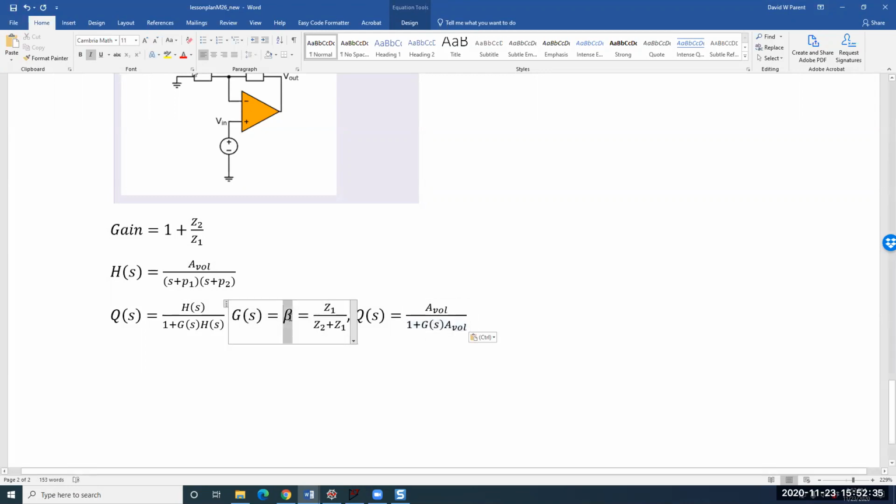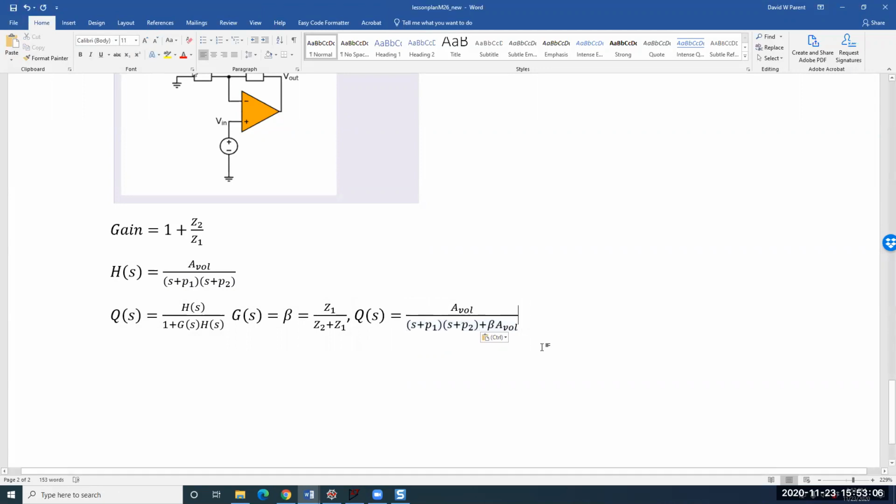Right? G of S is beta, which will appear here, because when I multiply this denominator through this equation, the denominators will cancel out, and one will keep that denominator there. So those two poles will appear.